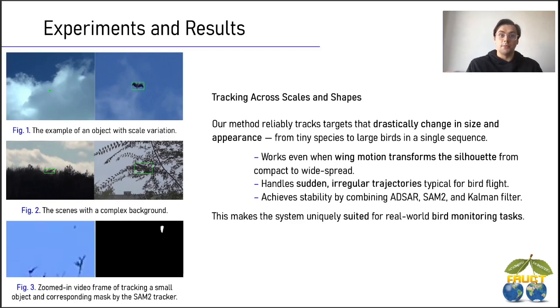It also remains robust under irregular motion, where classical methods usually fail. This combination of SSD-ATSAR detection, SAM2 segmentation, and Kalman prediction makes the system uniquely capable of handling real-world bird tracking scenarios, where movement is unpredictable and the visual background is constantly changing.